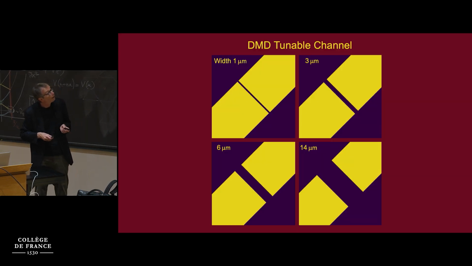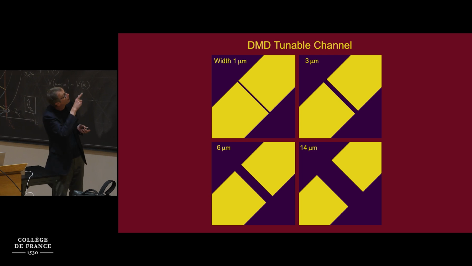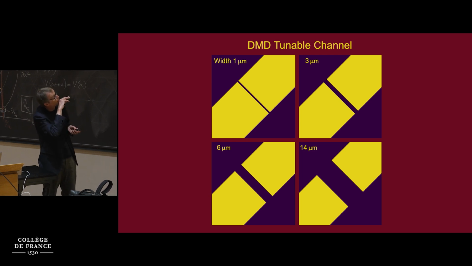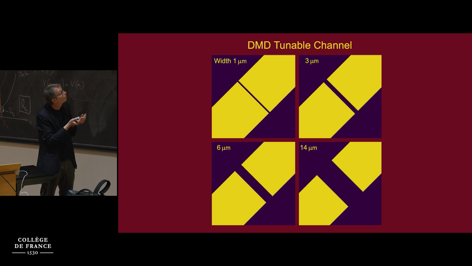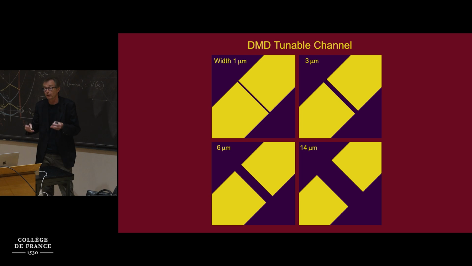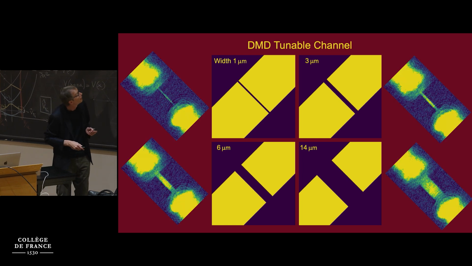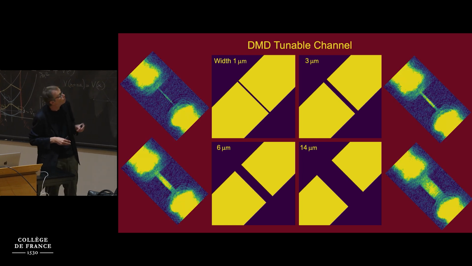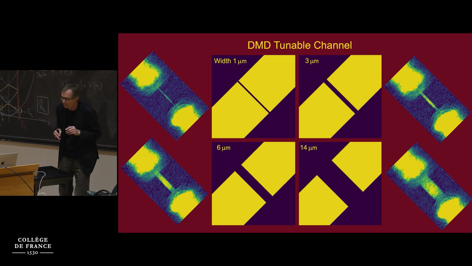And now, most recently, and this is preliminary work, we changed the way we produce our tunable channels, and we use a digital mirror device to project different structures. And well, if you then measure, that's how it looks. And then we did also some other optimization.